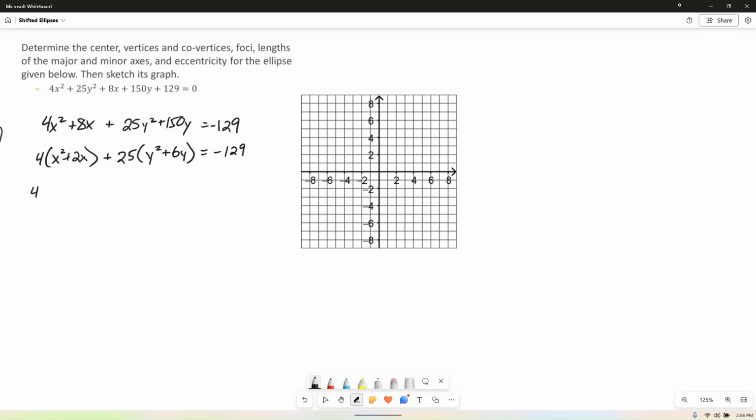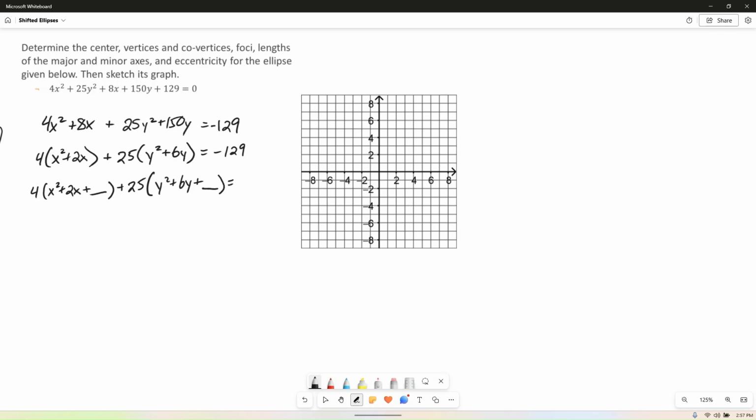So now we can go ahead and complete the square. We're going to have 4 times the quantity x squared plus 2x plus the number we need to complete the square, and that's all one quantity. Then we're going to have plus 25 times the quantity y squared plus 6y plus the value we need to complete the square for the y's.